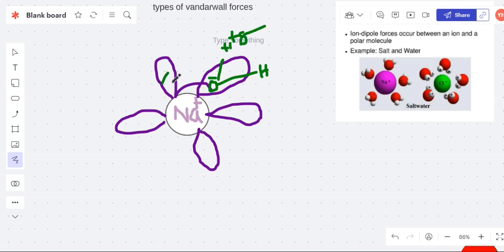Same here and same here as well. So this sodium atom attracts oxygen towards itself like this, right? All the hydrogens get a partial positive charge, and oxygen has a partial negative charge.